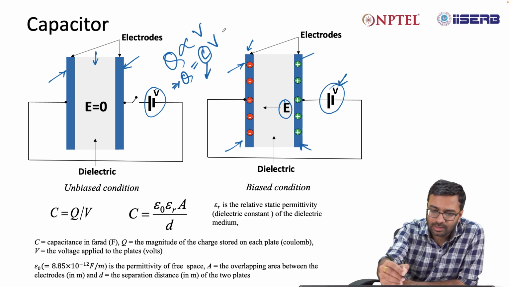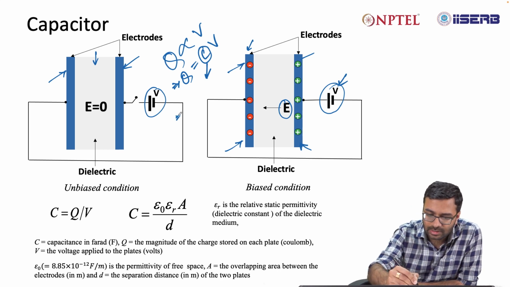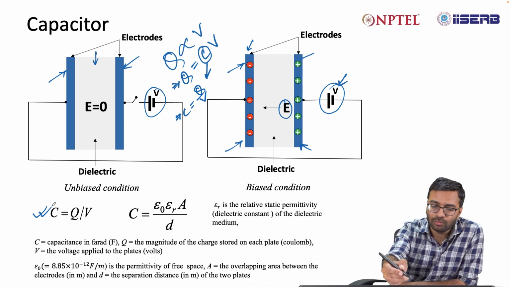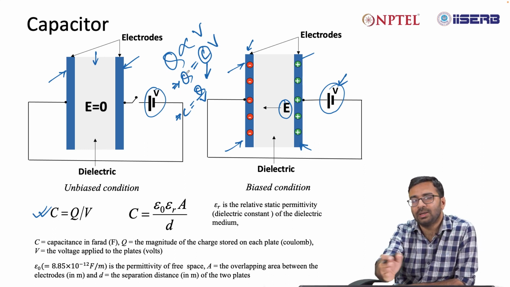So your expression is C is equal to Q by V. So if you apply more voltage, you will find more charge in the plates.